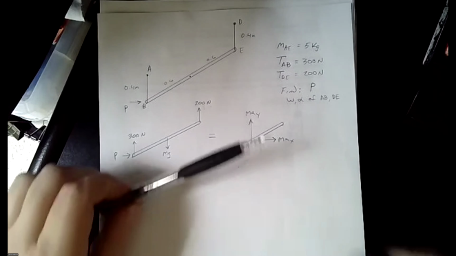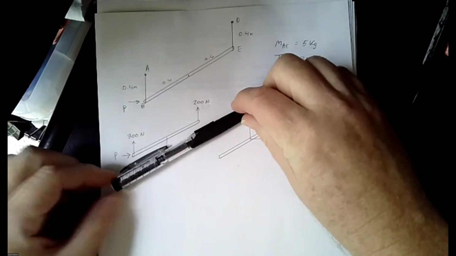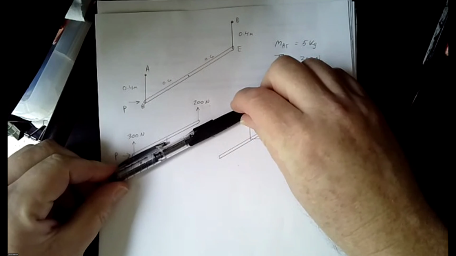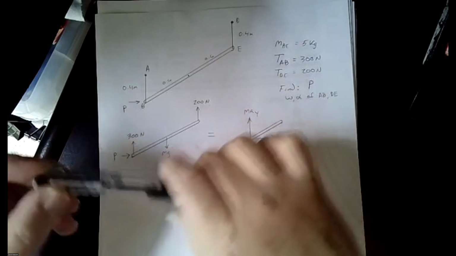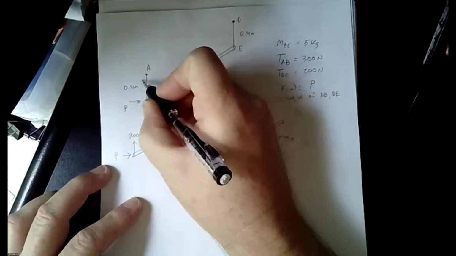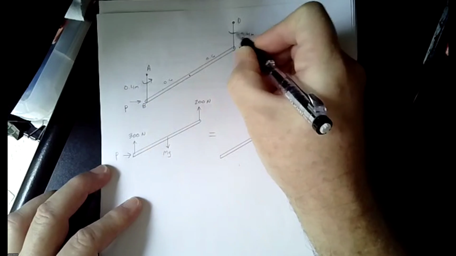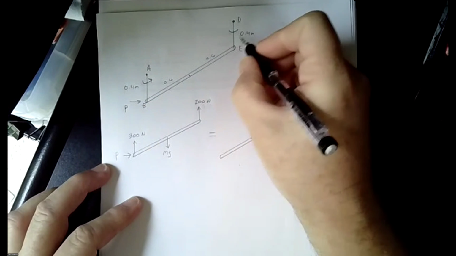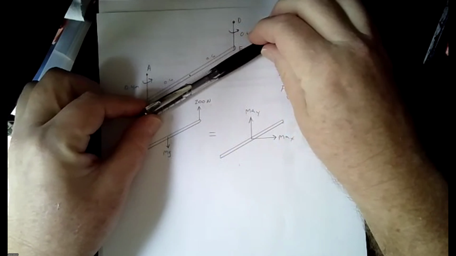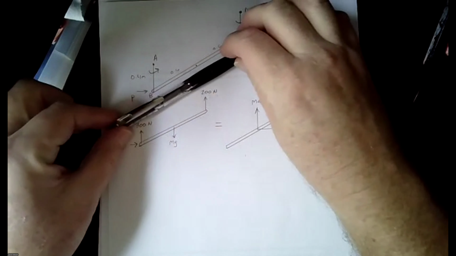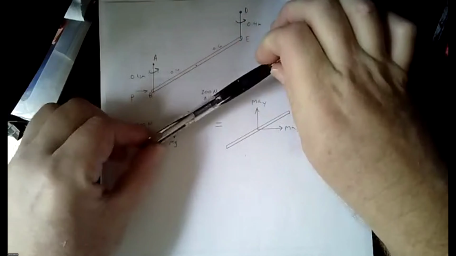You can think of it as hanging there like this, and as a result of P, it's going like that. So the ropes will have a motion like that, but this itself will just have a translation. So there'll never be a rotation about G. It'll just go like that.